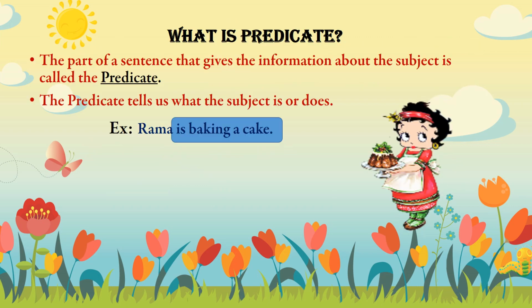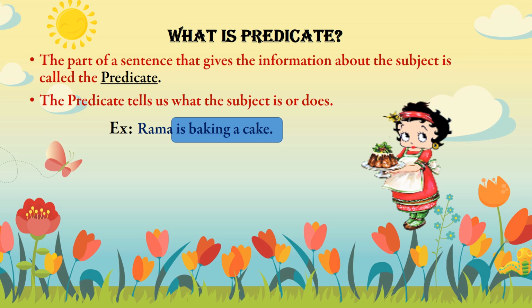So let's see what is predicate. The part of a sentence that gives the information about the subject is called the predicate. In other words, the predicate tells us what the subject is or does. So let's see this example.